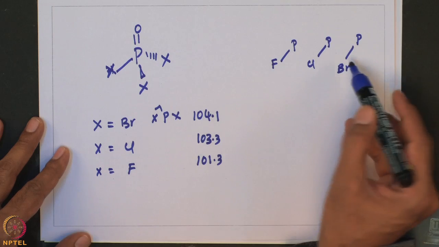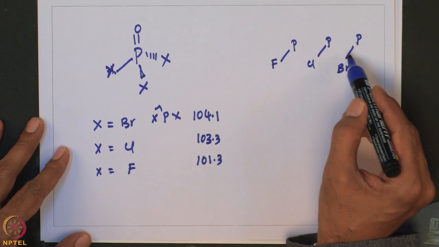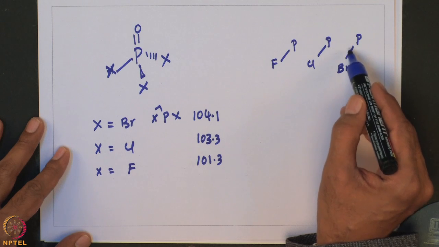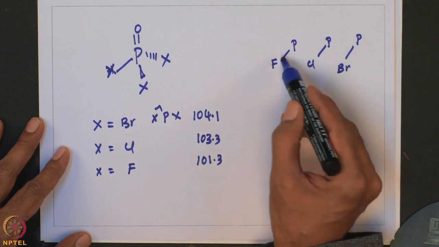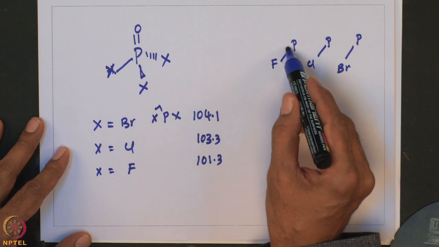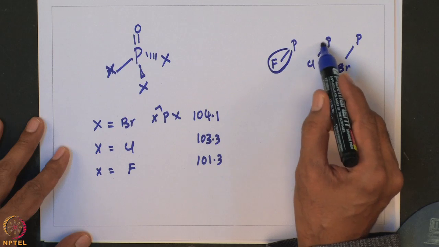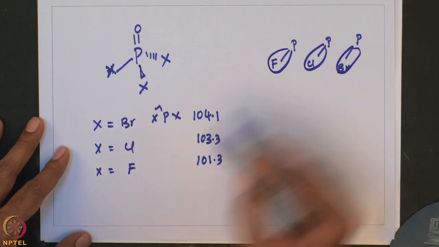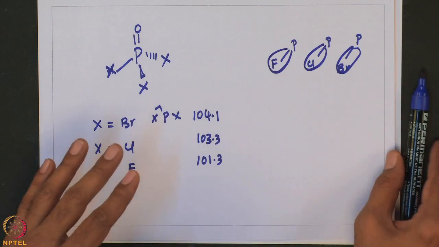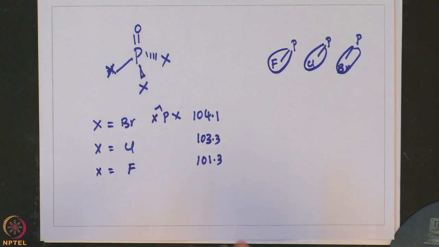When it is decreasing, the electrons stay almost midway between here and here. So, in this one electrons are more towards fluorine, and here it is less, and here it is less. That means, as electron density comes more and more towards the peripheral atoms, the angle starts shrinking.